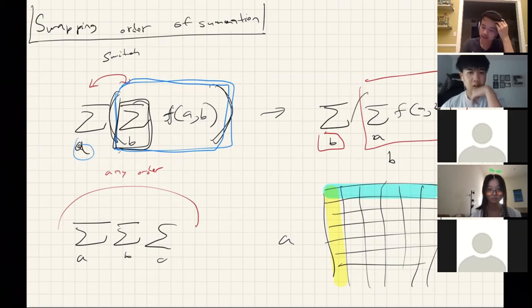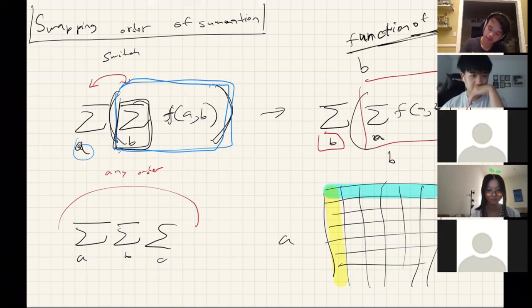Or you can take a sum over a, and then treat it as a function of b, and then sum it over all b that satisfy a particular condition.